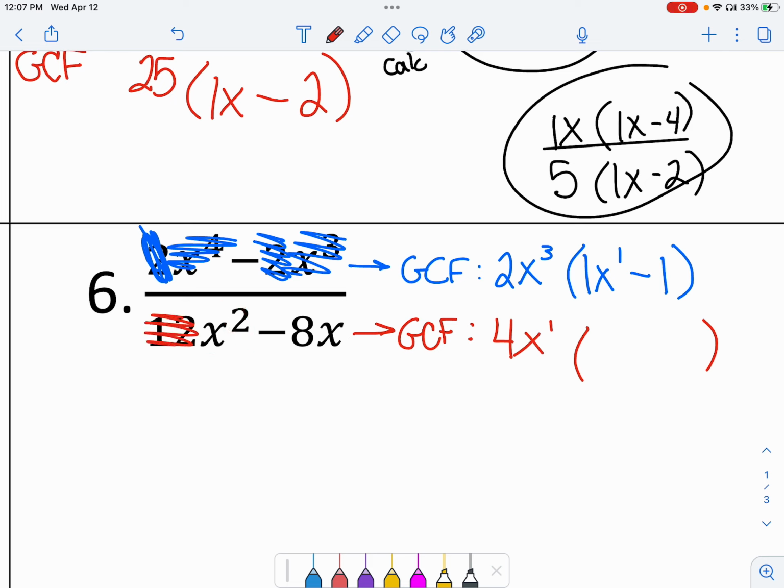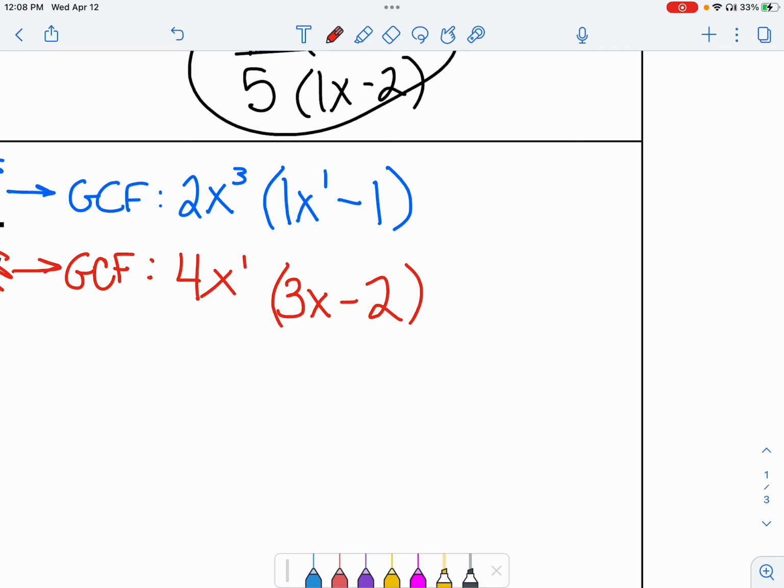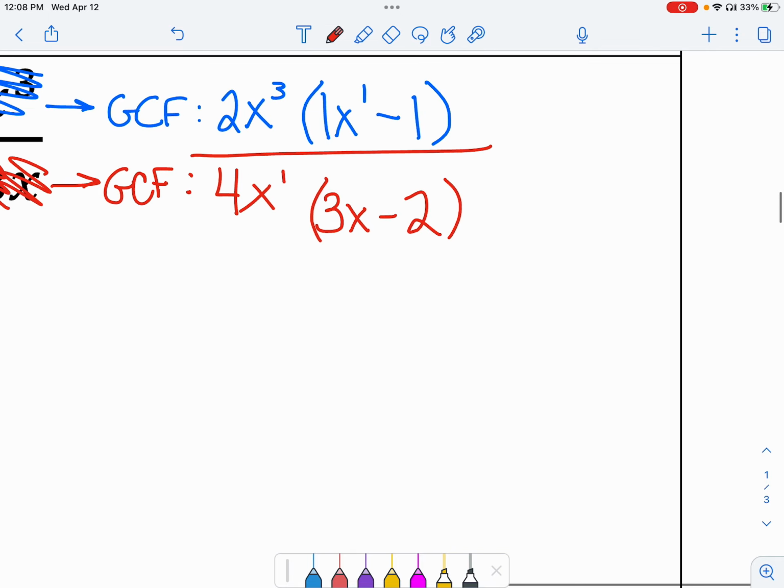What is 12 divided by 4? 3. How about x squared take away x to the first? x to the first. Minus, what is 8 divided by 4? 2. And what is x to the first take away x to the first? No x's left. All right. So now what we're going to do is write our final answer.